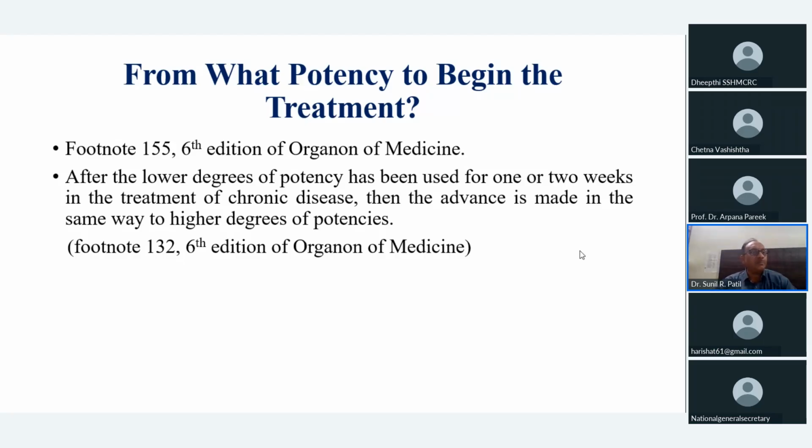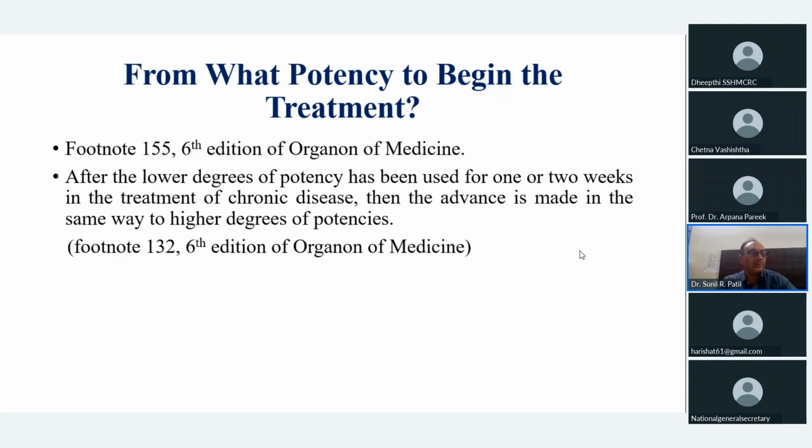The treatment of a patient suffering from either acute or chronic diseases should begin from the lowest degree of dynamization. And Dr. Hahnemann clearly stated in this footnote in 132, 6th edition of the Organon of Medicine, that we must always begin treatment from the lowest degree of dynamization.